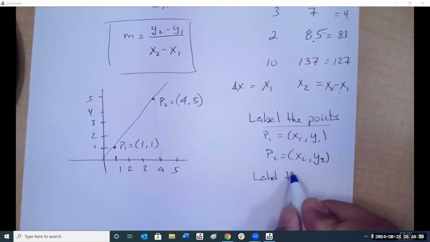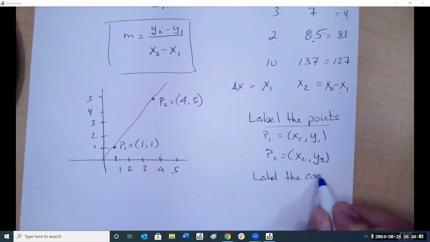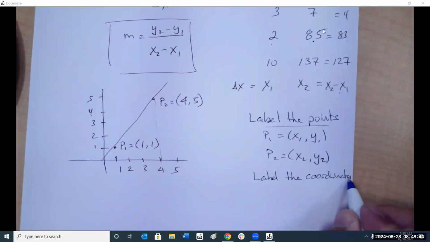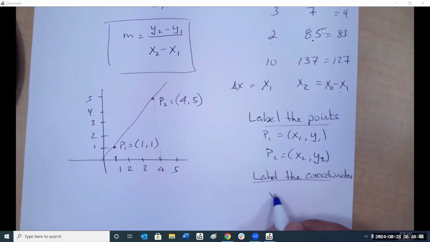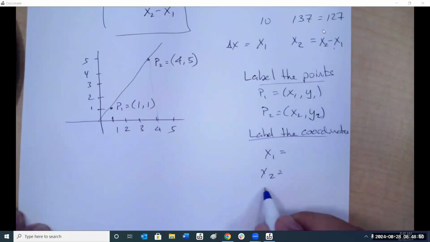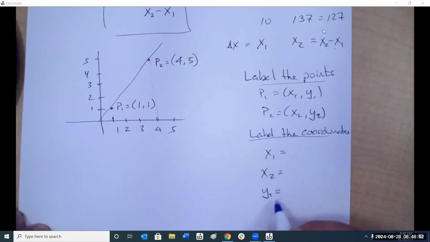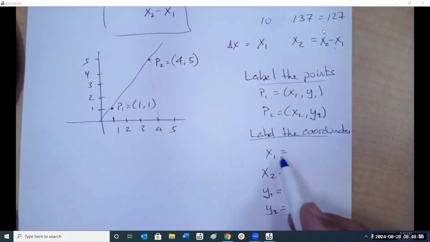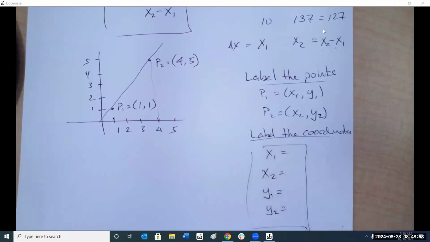Then label the coordinates. So what that means is you have to define what x1 is, what x2 is, what y1 is, what y2 is. This is going to save you so much time and decrease the number of mistakes you make.